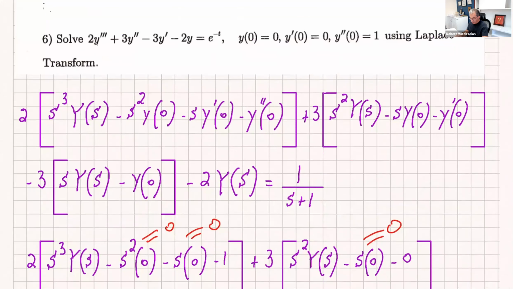Again, use some algebra, factor out Y(s), and you're left with 2s cubed plus 3s squared minus 3s minus 2, and you take that 2 to the other side. You can find the LCD on this side, which is s plus 1, so it's 2 times s plus 1, and you divide both sides by this expression, and finally you get 2s plus 3 over that.